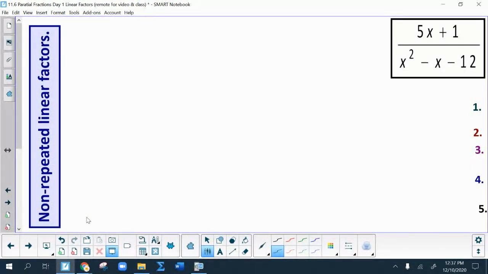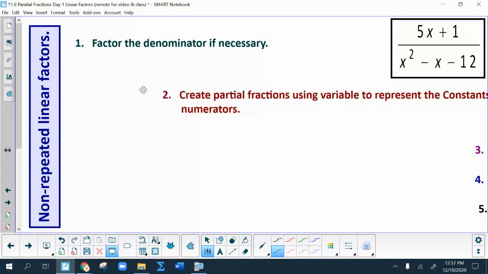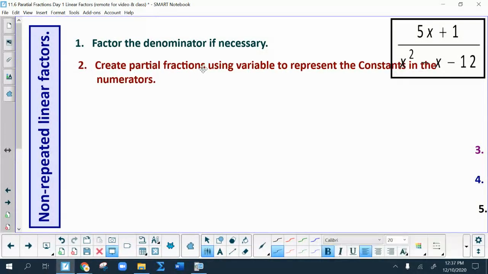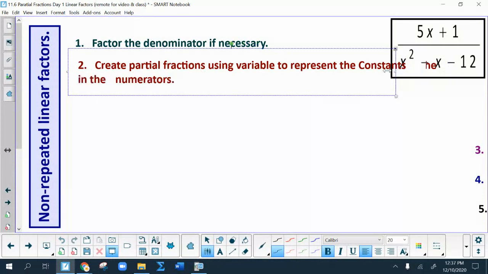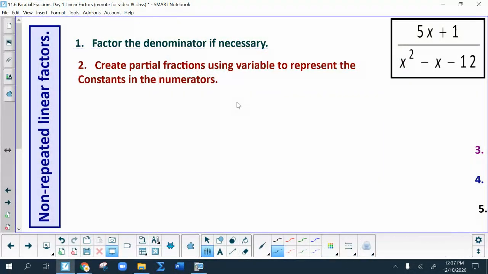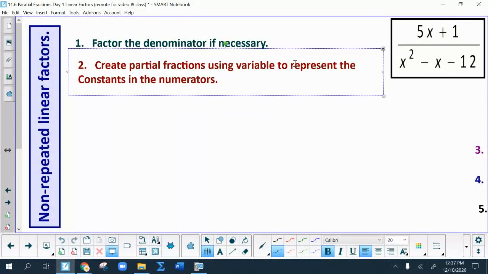This is the most basic of them. 5 steps. The first step would be to factor the denominator if necessary. Sometimes it will be already factored for you. The second step says create partial fractions using variables to represent the constants in the numerators.